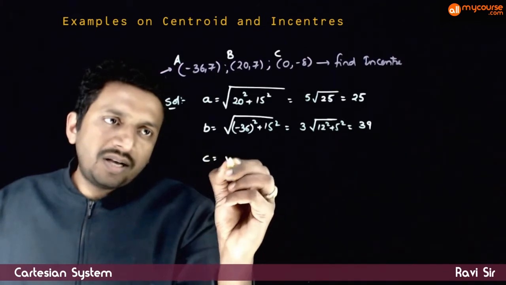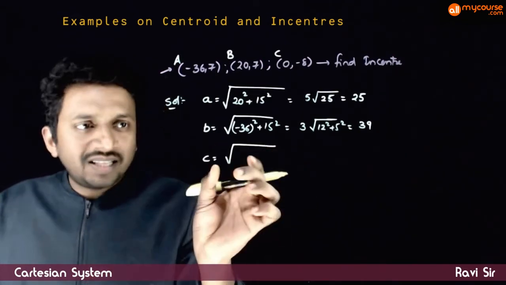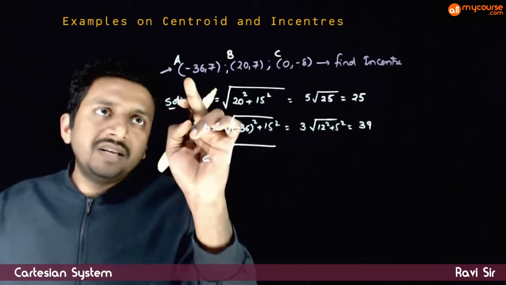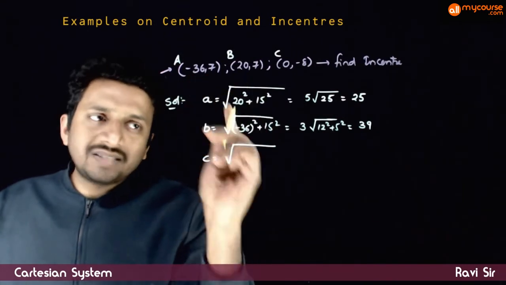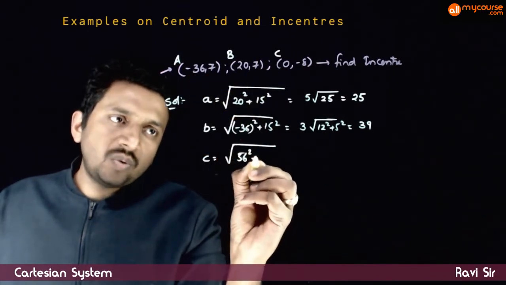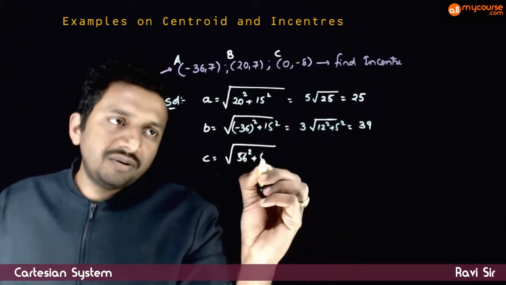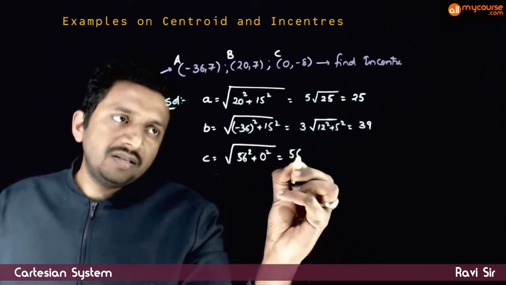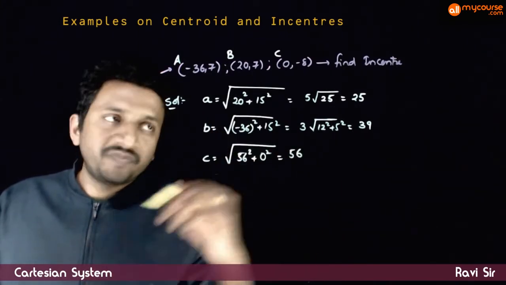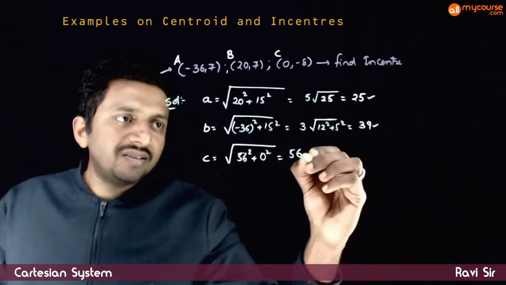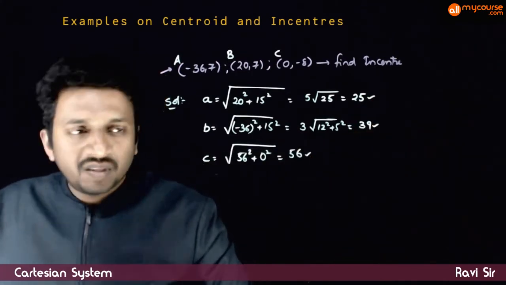Next, side c is the distance between A and B. That is 20 plus 36, 56 square, plus 7 minus 7 is 0, 0 square, so it is equal to 56. So you got all the three sides a, b, c.